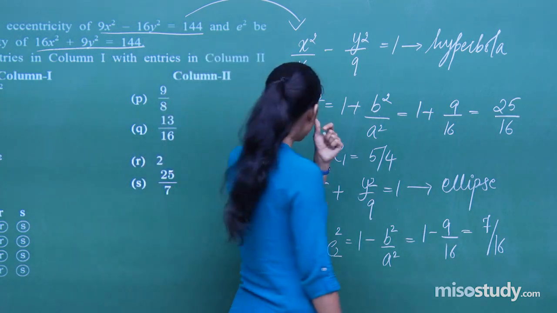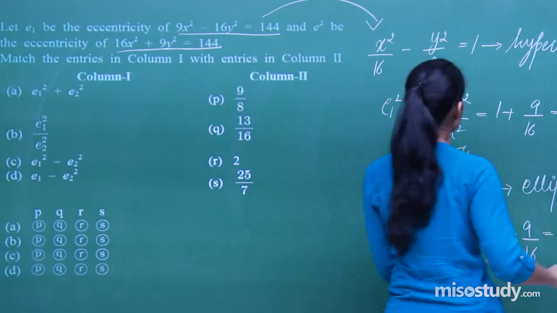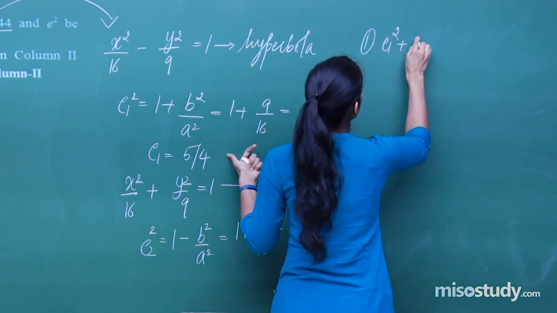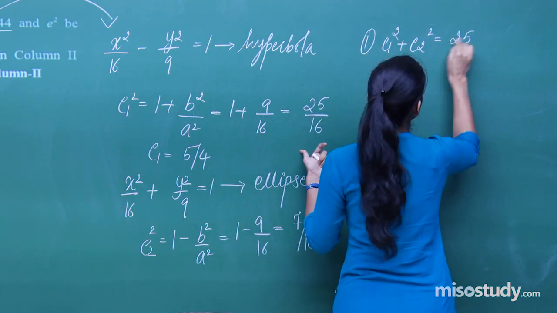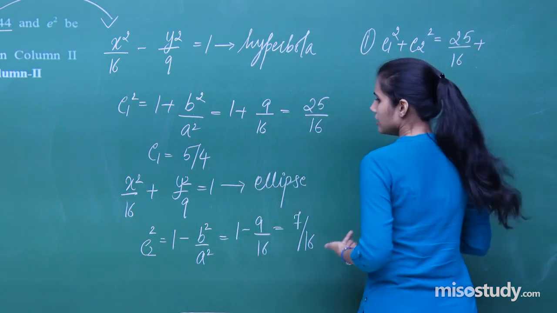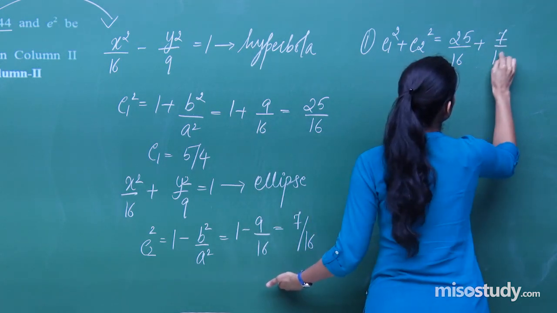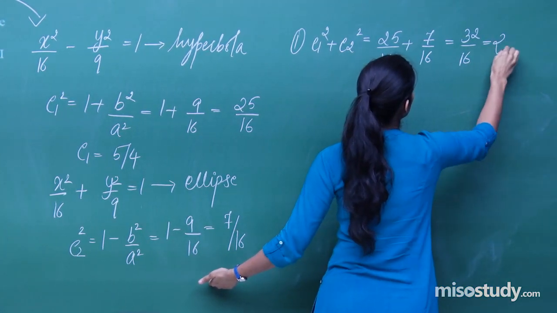Fine. Now we need to match stuff. E1 square plus E2 square. E1 square is 25 by 16 and E2 square is 7 by 16. This comes out to be 32 by 16, which is 2.